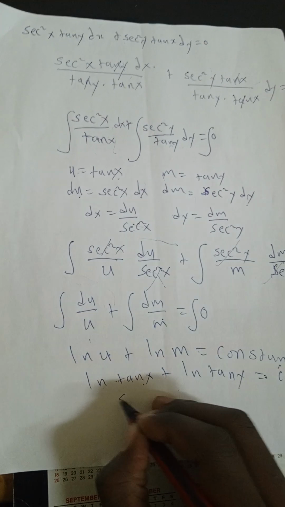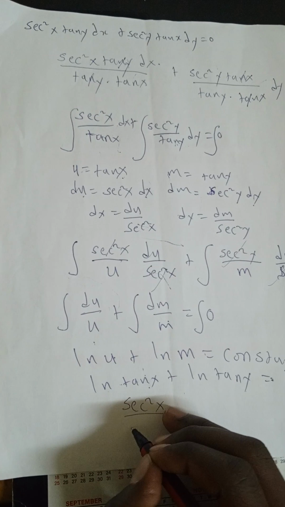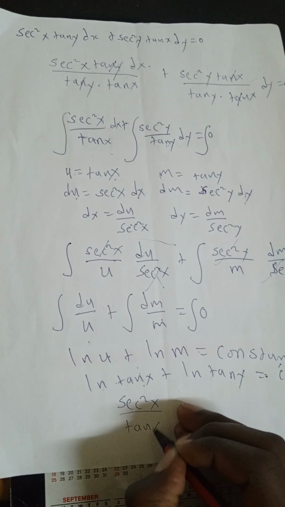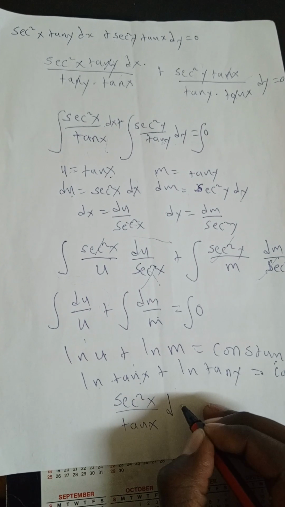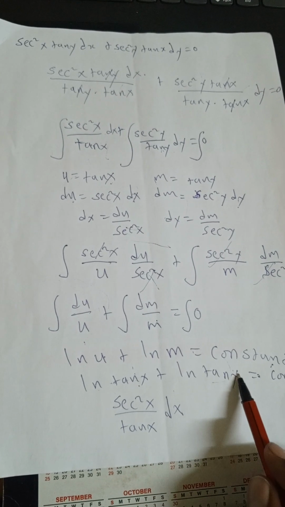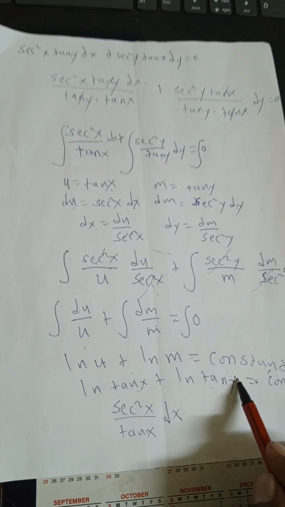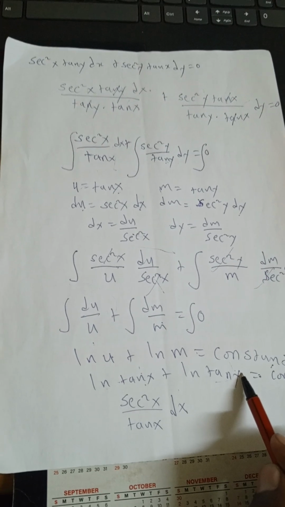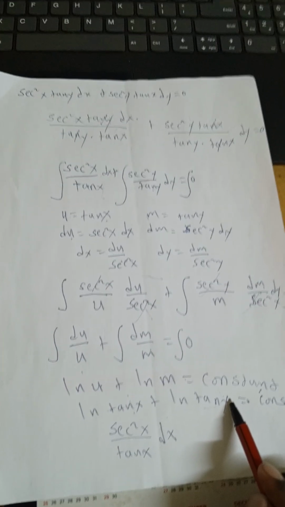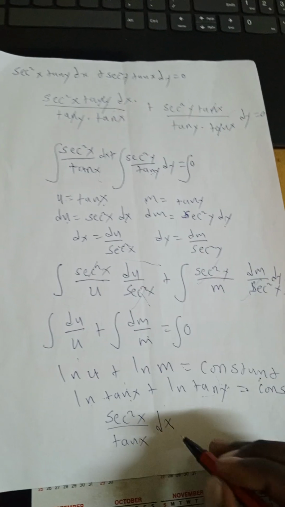The derivative of tan is sec²x over the same function you have, which is tan x. This is with respect to x. With respect to x, this side is going to be 0 since it is carrying a function of y, and y, when you are differentiating partially with respect to x, is going to be 0 because you are treating it as a constant.